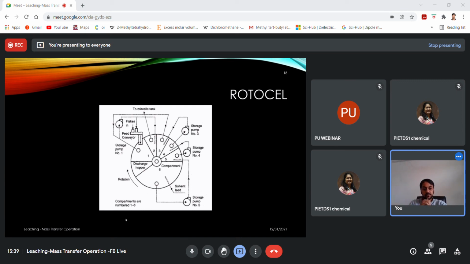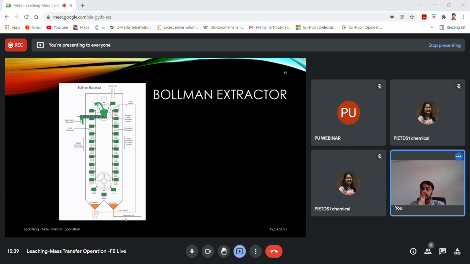But in the rotocell, the entire compartment is prepared and that compartment is rotating. That way the solute is leached out and the spent solid is taken out. So this is the rotocell.